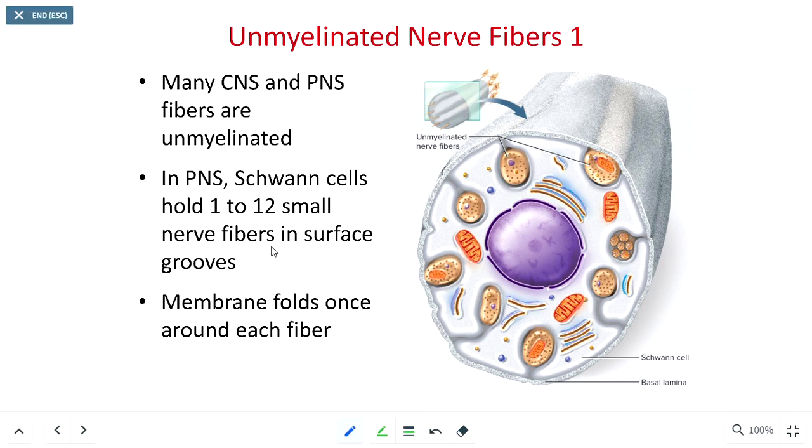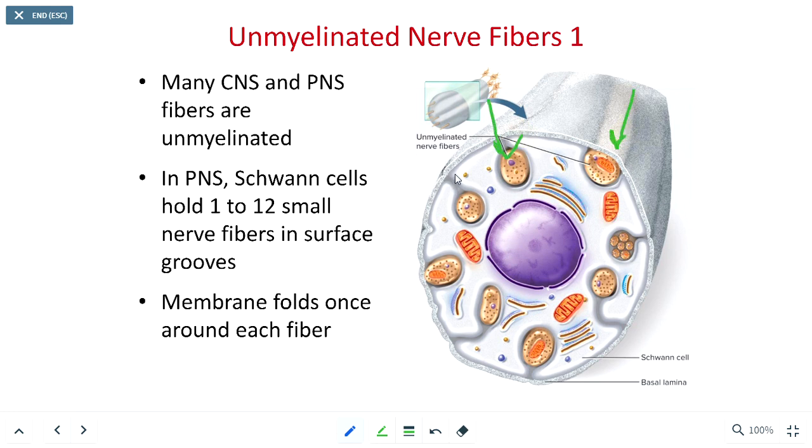So within the peripheral nervous system, we're going to have unmyelinated nerve fibers that can be enveloped by a Schwann cell partially. So the Schwann cells can have 1 to 12 small nerve fibers just embedded in their surface. So as we're looking at these nerve fibers, excuse me, that was not a nerve fiber I pointed to. Here we go. There's a nerve fiber. There's a nerve fiber.